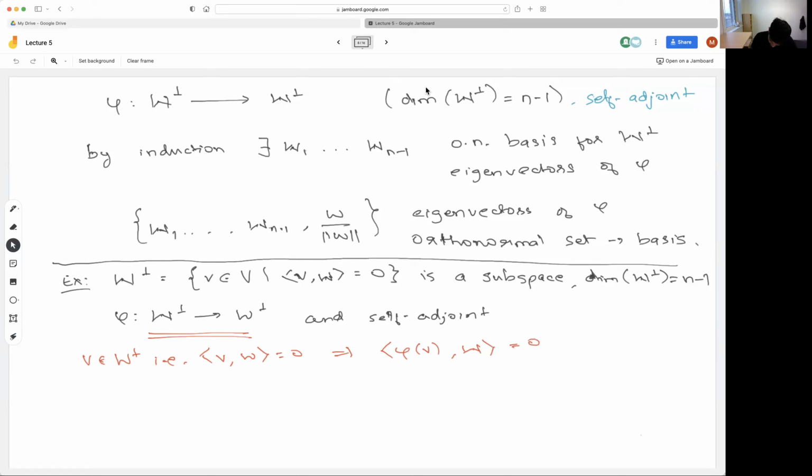And this is because, well, using self-adjointness, which we haven't used so far, by the way, we can move the operator to the other side. Oh, sorry, again made the same mistake.